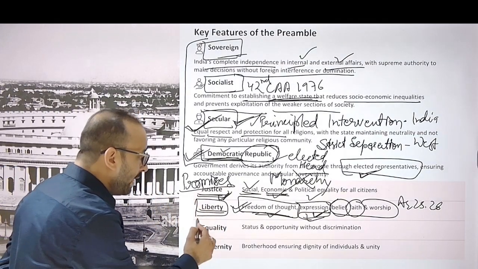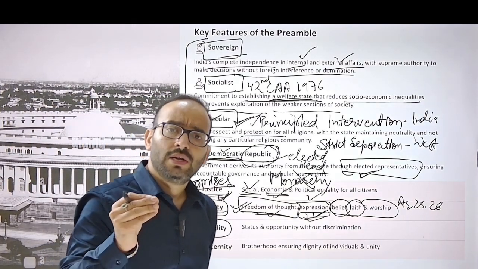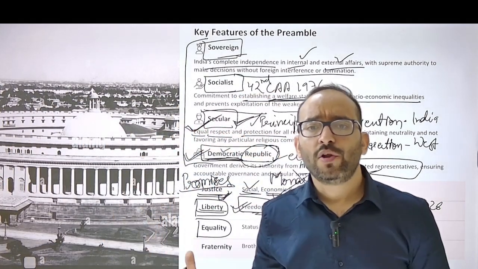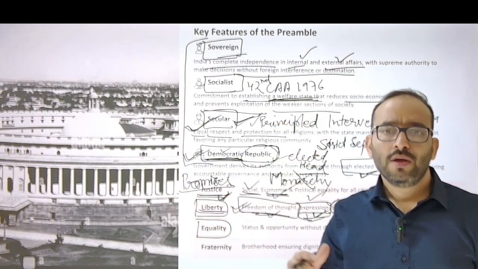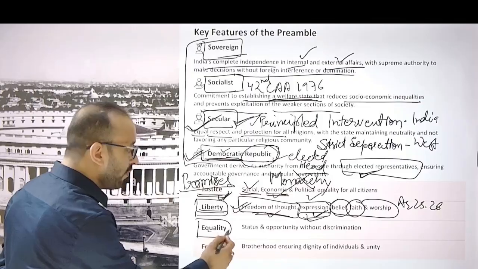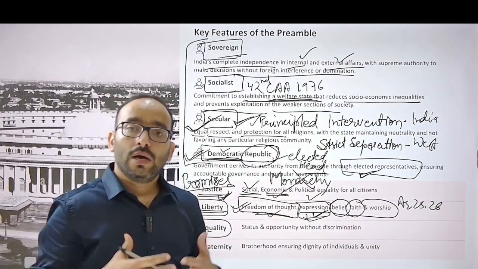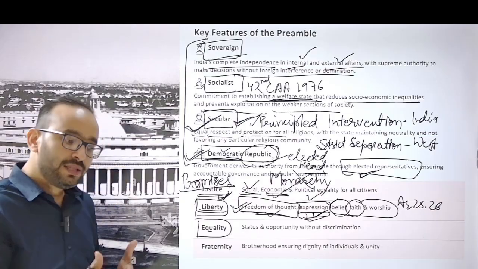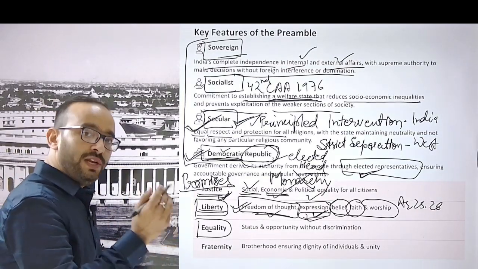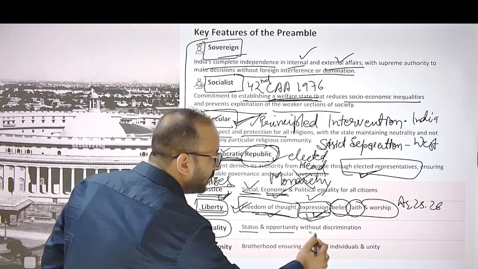Justice, liberty, and equality. When you have liberty, the next thing which naturally follows is the demand for equality. Liberty is freedom. Freedom to what extent? So the limitation to freedom is equality. My freedom and your freedom can be in contradiction, but then there is something called equality, which will ensure that every person has equal status and opportunity without discrimination.